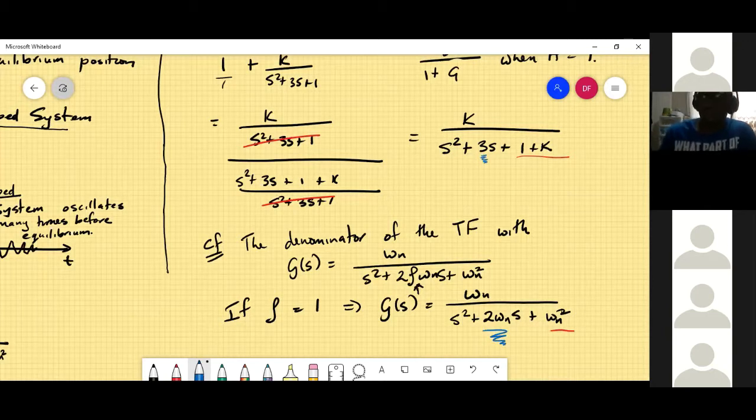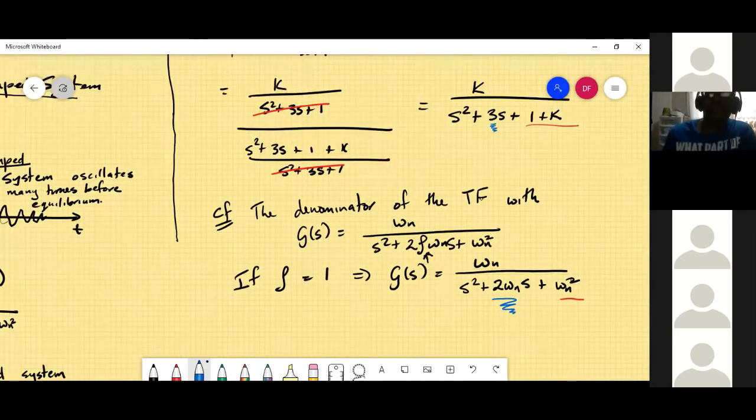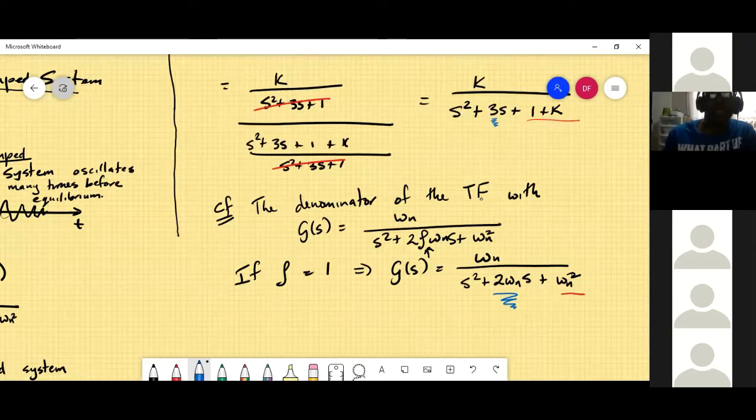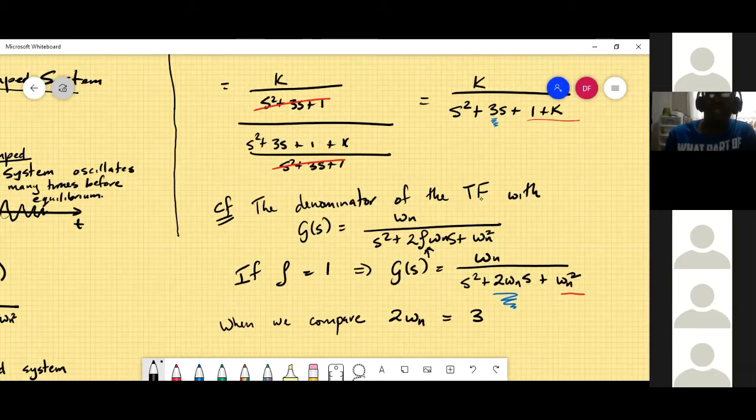So we have, if we compare, you have that 2 omega n is equal to 3 and 1 plus k is equal to omega n squared, if we compare the general transfer function with the transfer function that we have here.